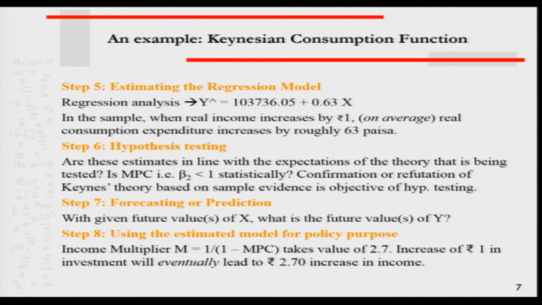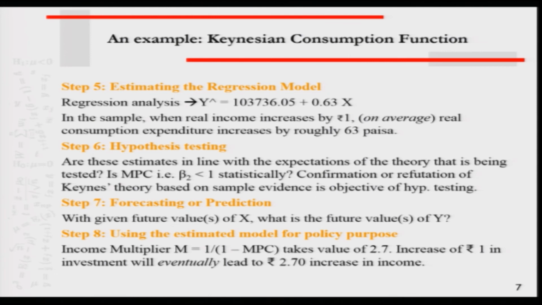You see, the population parameters beta 1 and beta 2 are proxied by the estimates beta 1 hat and beta 2 hat. Beta 1 hat is a large number, the estimated value of the intercept parameter, and 0.63 is beta 2 hat, the estimate from the sample for the slope parameter of the straight line, which can be interpreted as the marginal propensity to consume.